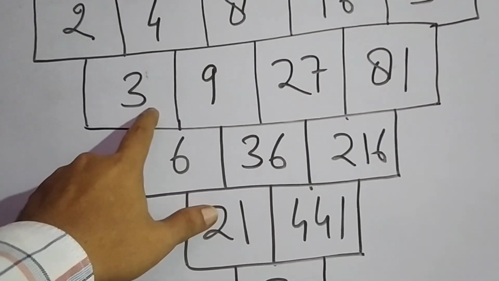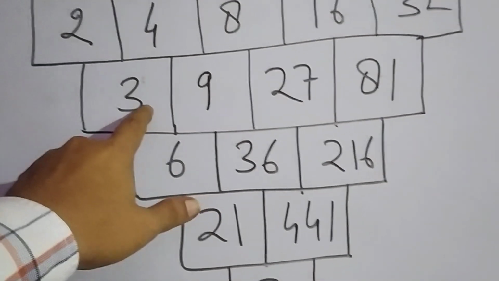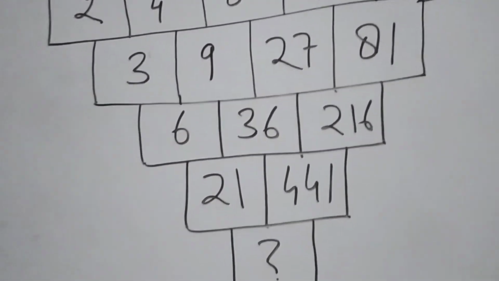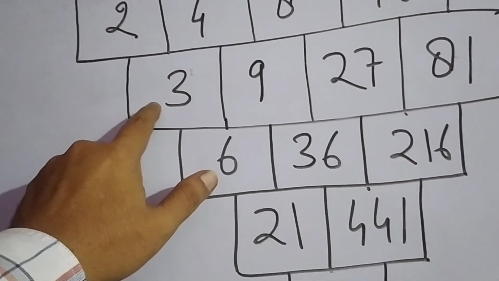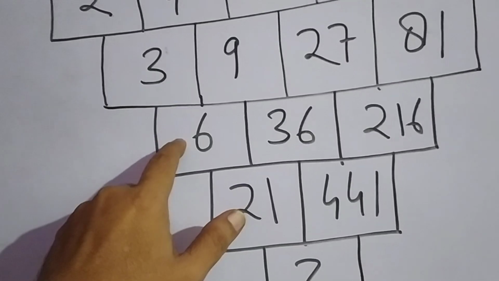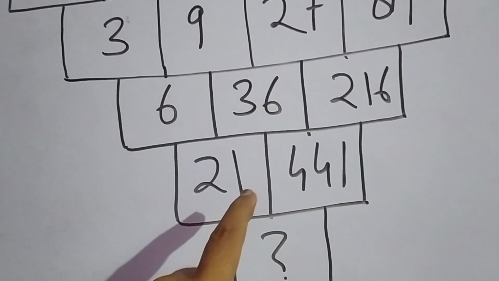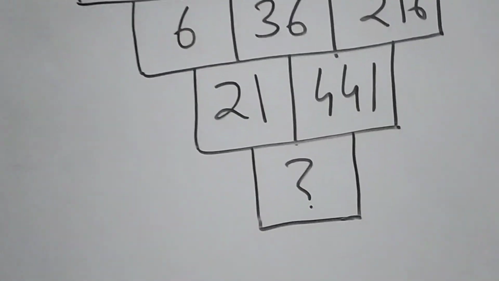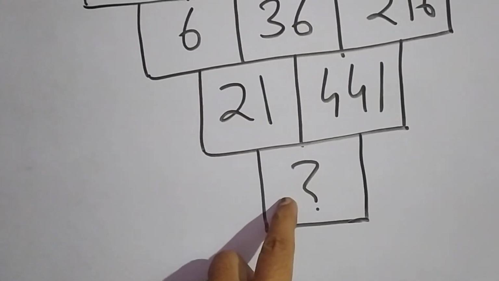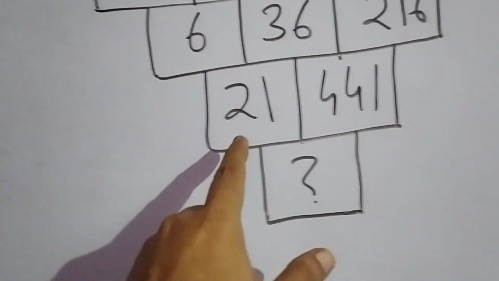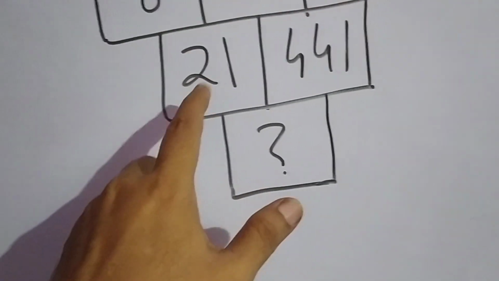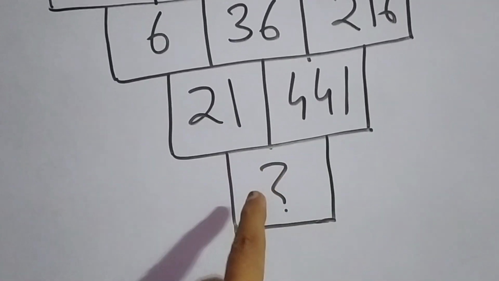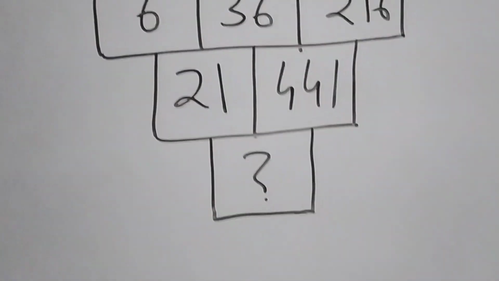Here is 3. How does it come to 3? Now it seems that 2 plus 4 divided by 2 is 3. 3 plus 9 divided by 2 is 6. 6 plus 36 divided by 2 is 21. What will be the number? By this pattern you can calculate the number by adding these two numbers and dividing by 2.